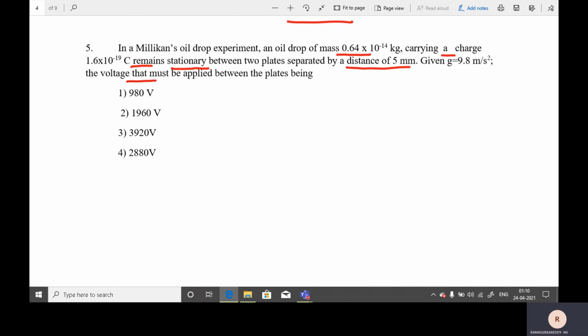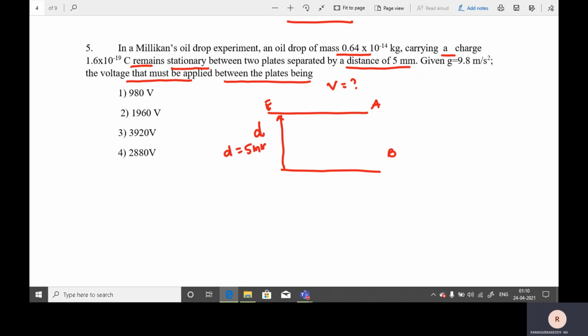Then what is the voltage that must be applied between the plates? Here we need to find V. Okay, what is our scenario? In a Millikan oil drop experiment, if we take these are the two plates, plate A and plate B, the electric field, let us assume the electric field in this direction, and this is separated by some distance d, that d value how much they gave, 5 mm.